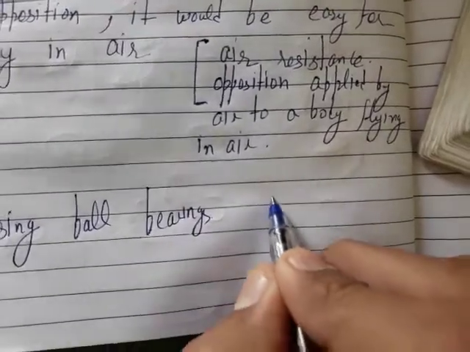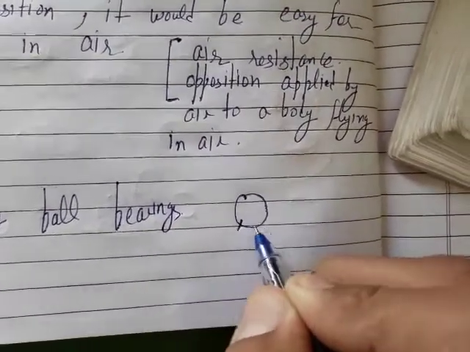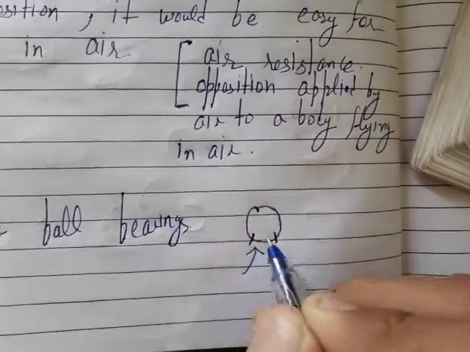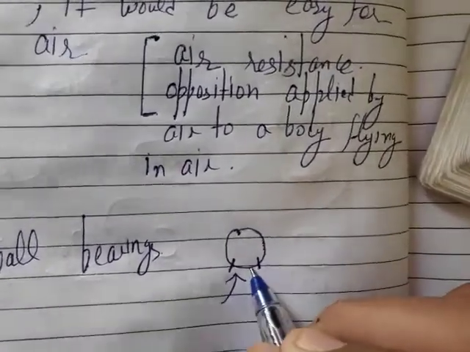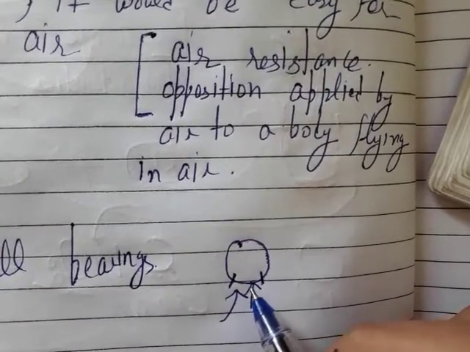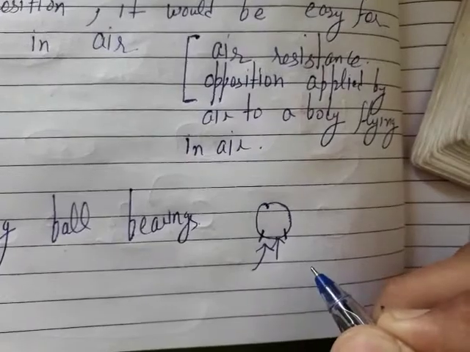Suppose a car has wheels, you know that. Only this part of the wheel makes contact with the road, not the whole wheel. So fewer grooves and edges of the tire of the car make contact with the grooves and edges of the road.